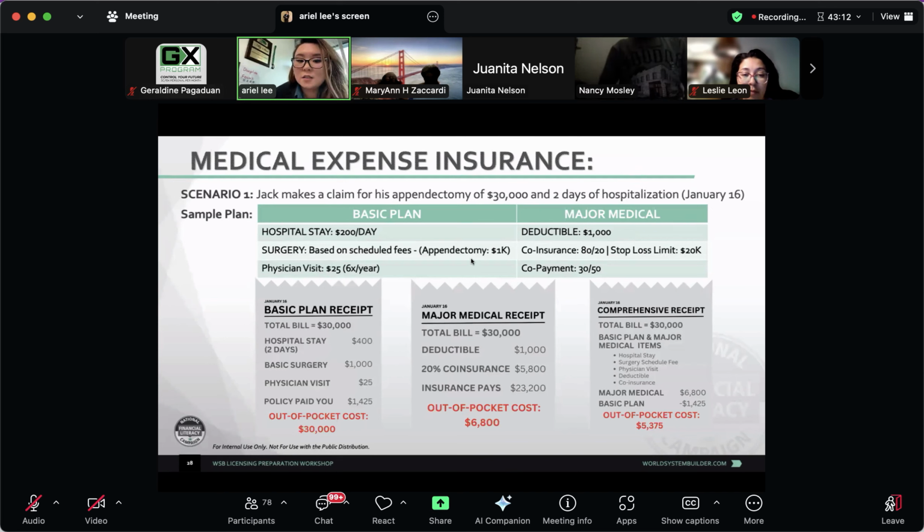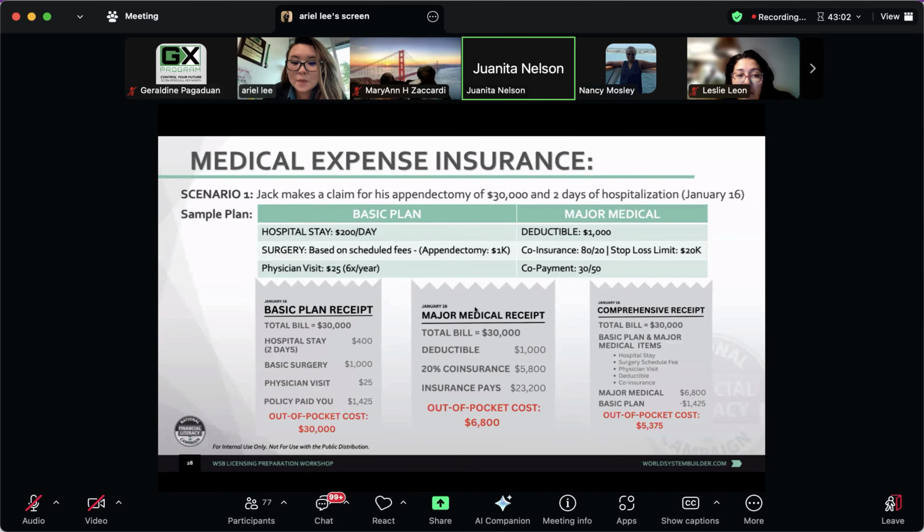Now the total cost for Jack after everything is the major medical bill of $6,800 minus what the policy paid him, $1,425. So he actually just needs to pay $5,375. Does that make more sense?